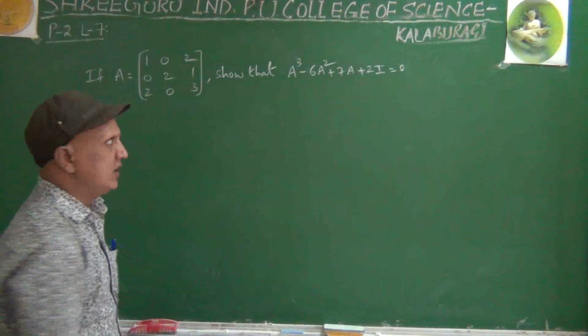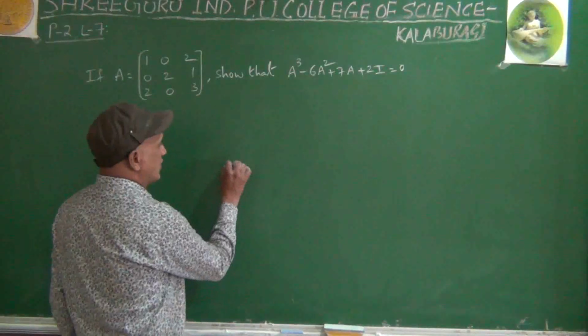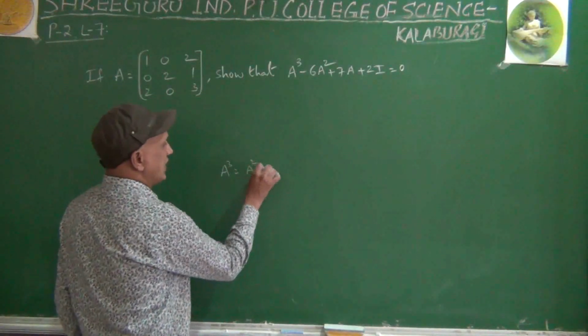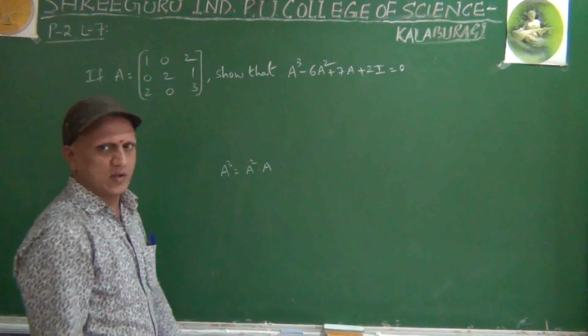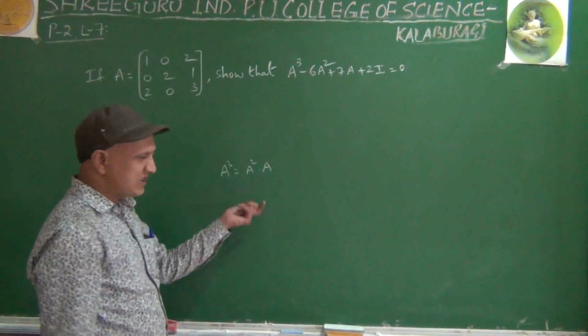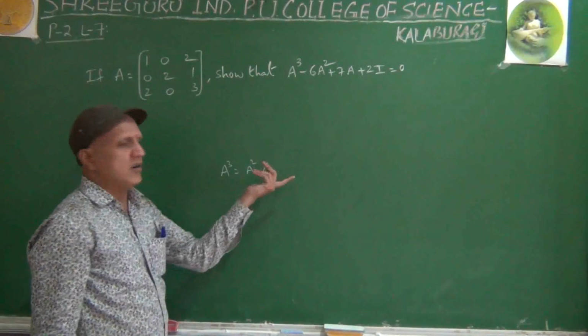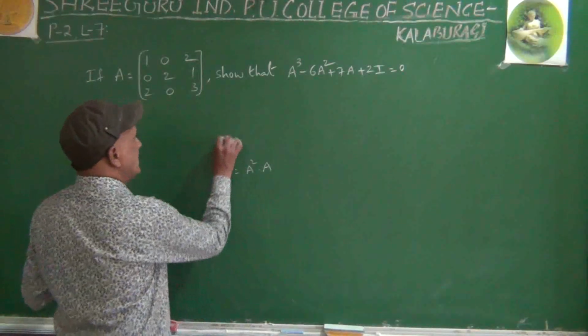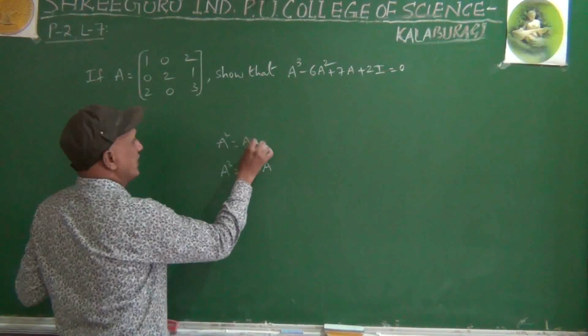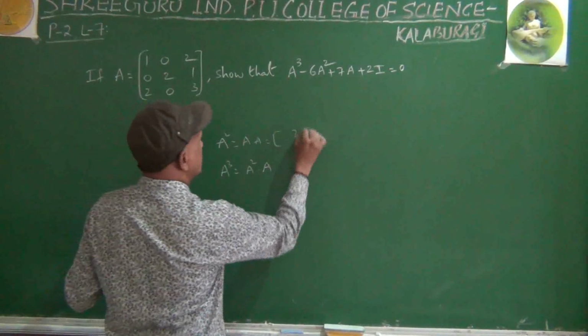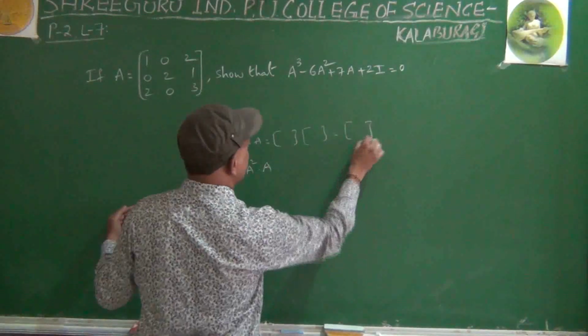A cube you have to find out. If you want, you can write A square into A or A into A square. Both are correct. First of all you have to find A square, because without knowing A square, how can you get A cube? A into A, matrix A into matrix A, you will get A square.